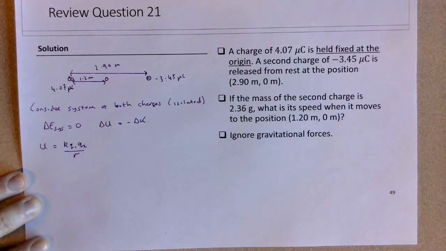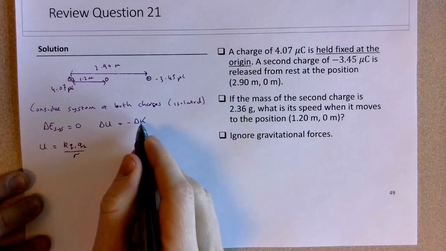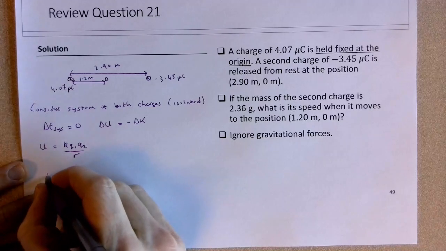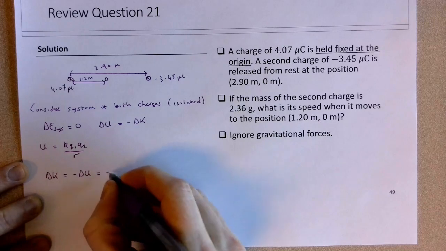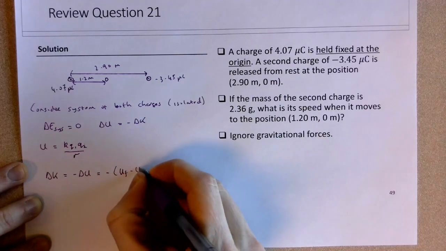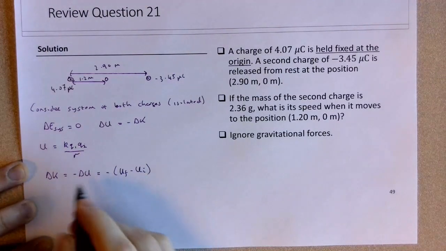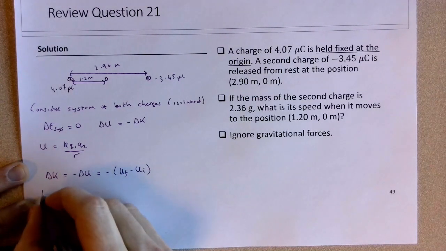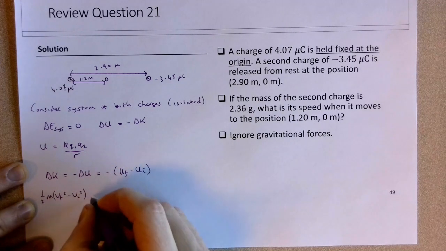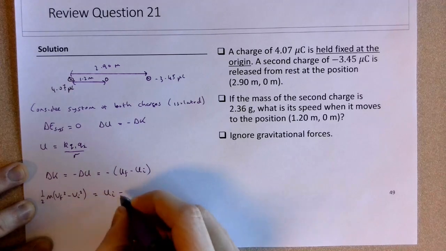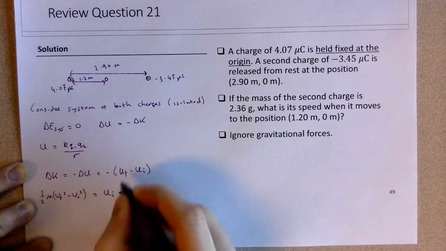I'm trying to find the final speed, so delta K is equal to negative delta U, which is negative U final minus U initial. I can write delta K as 1/2 m vf squared minus vi squared, and the right side as U initial minus U final if you multiply that negative sign in.